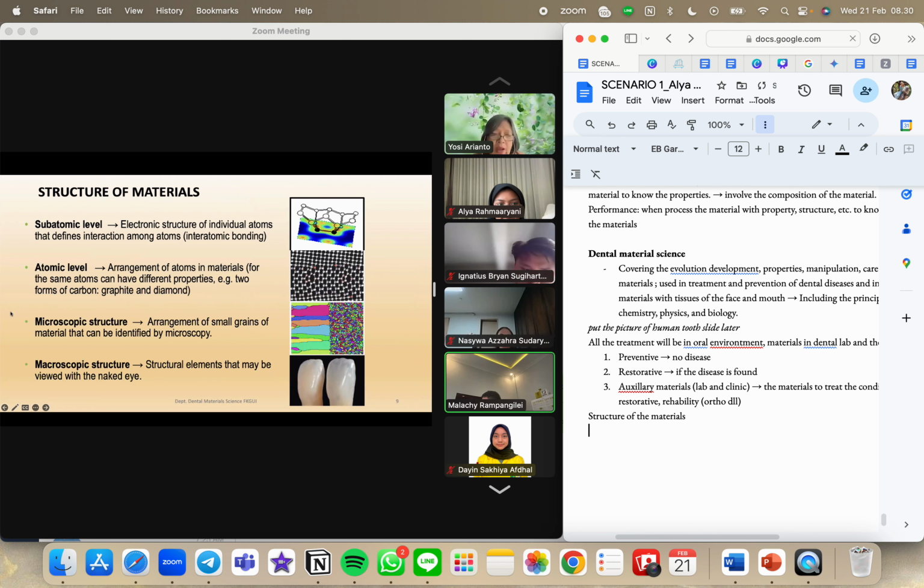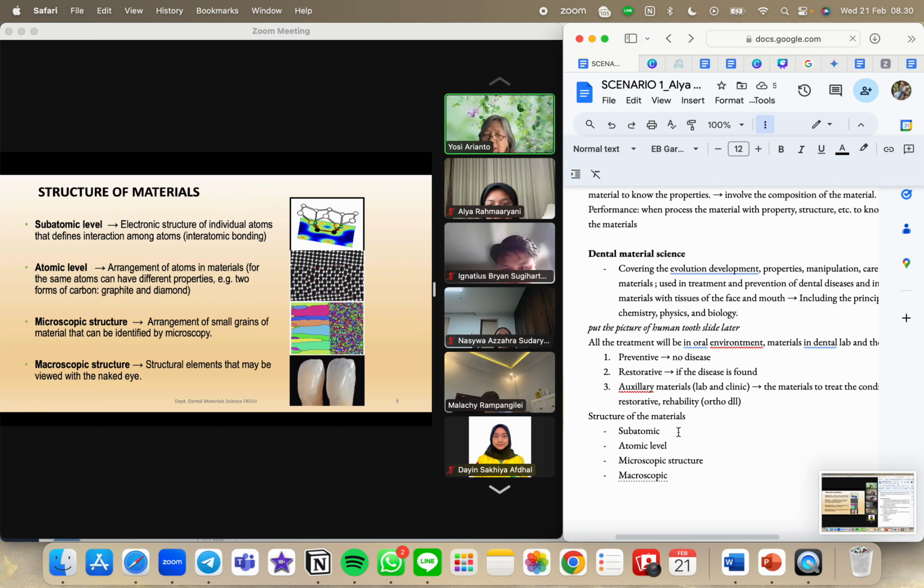And then the microstructures, the microscopic structure, as seen by electron microscopy.